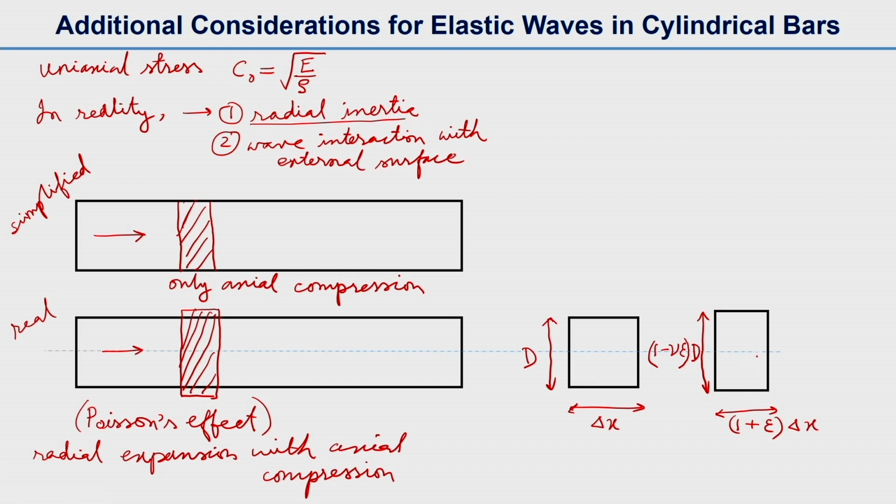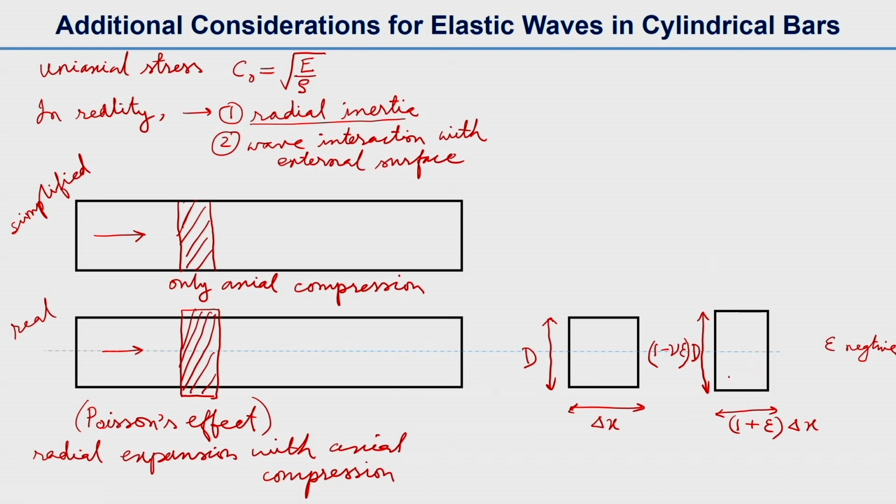In this case the section is elongated a little bit radially, and we should understand that the strain is negative here, because this is a compressive strain.